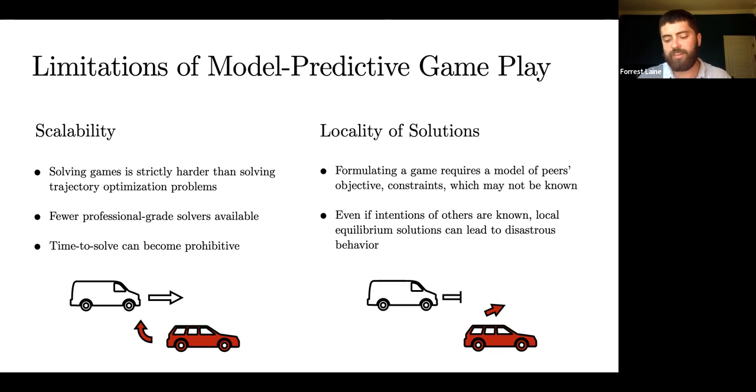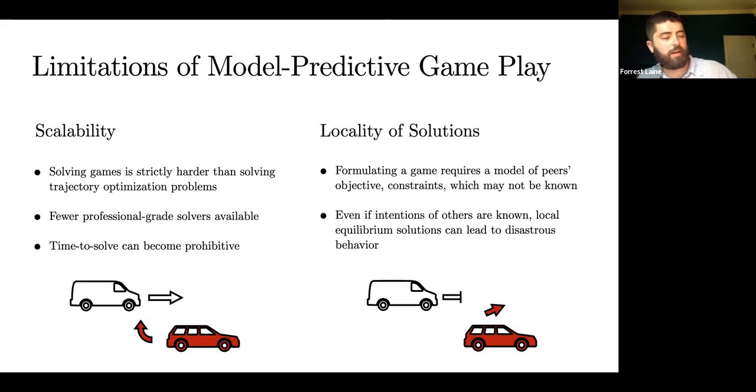But the more complicated the decision problem is that you're trying to solve, and the decision problem in this case is this mathematical game that we're trying to compute an equilibrium for, the harder that is, the longer it takes, and the slower our reaction time is going to be when we're employing this technique. So this is an issue because when you solve these games, it is strictly harder and more computationally heavy to solve these games than it is to solve the more naive trajectory optimization problem.